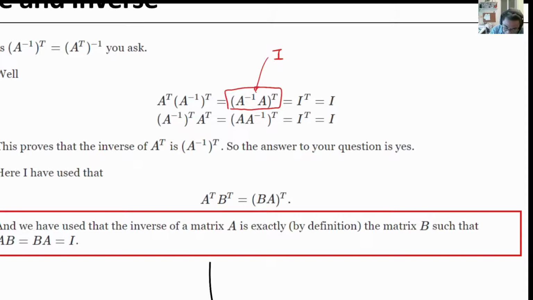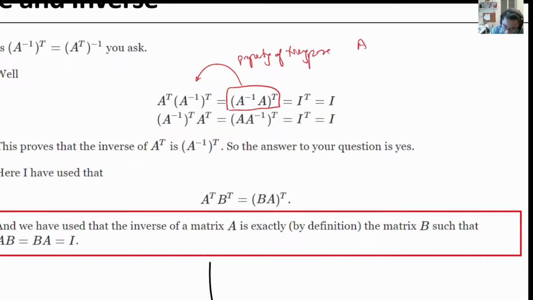The identity transpose is equal to identity because identity is nothing but diagonal entries of ones. We now want to go from this equation to this equation, and we use the property of transpose.